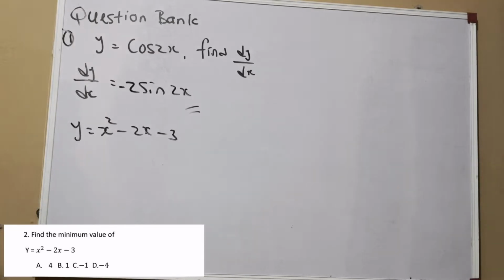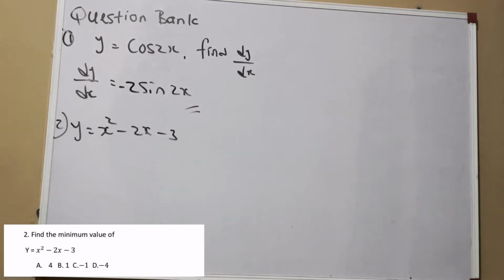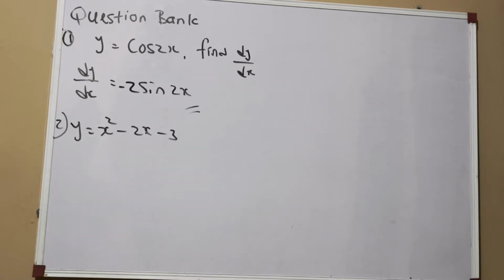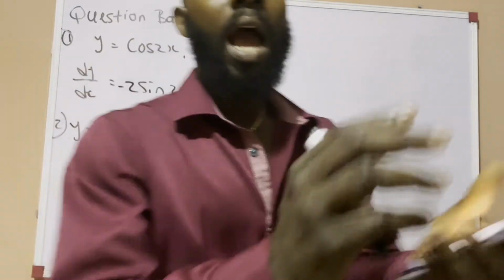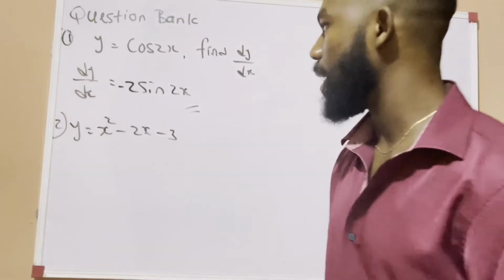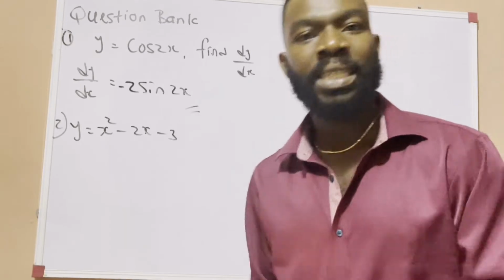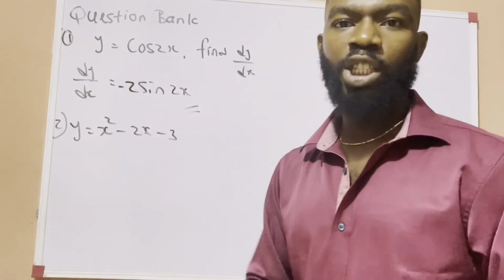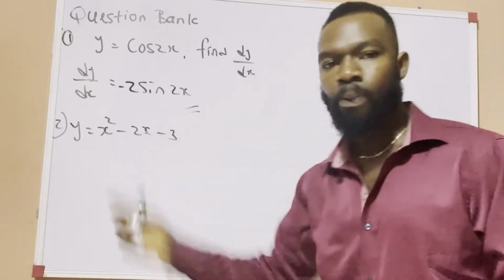In this question, we are told to find the minimum value. In our next video, I will be teaching specifically how you can solve for the turning point, minimum point, and maximum point of differential functions. But today, I will just explain how we can solve a problem like this.